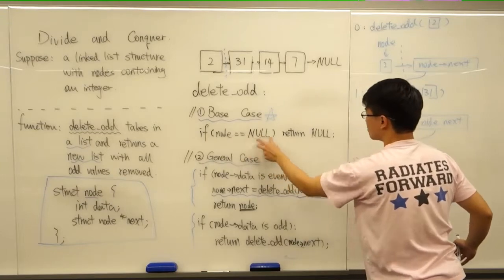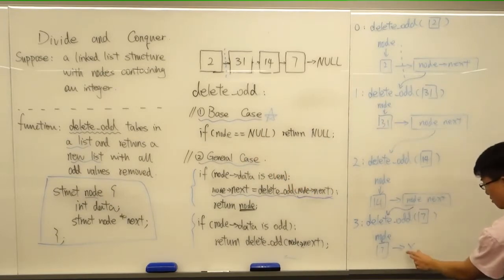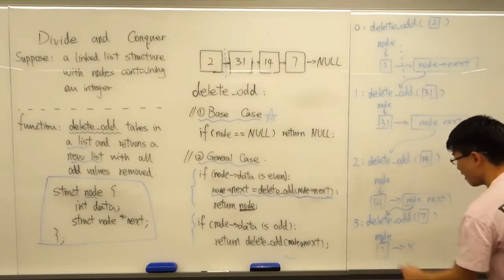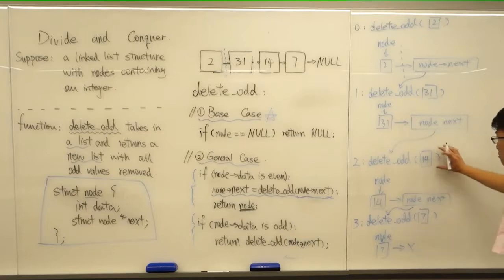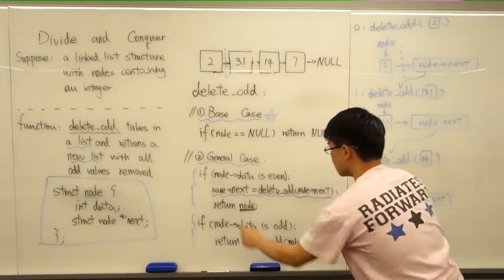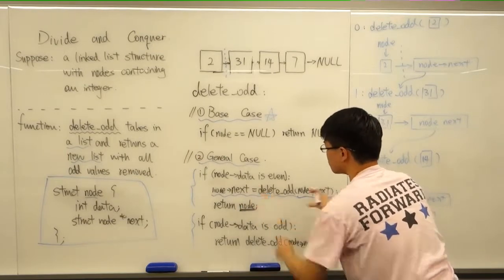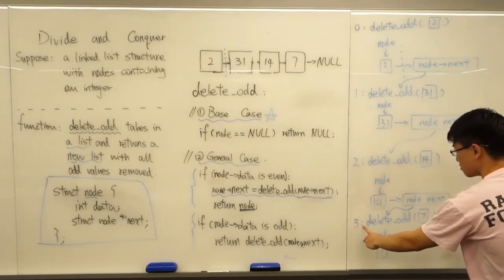When node is null, it returns null. And this is function call 3. Function call 3 is called when we are up to 14. And at 14, we assigned the return value to node next. So this function call essentially returns null.